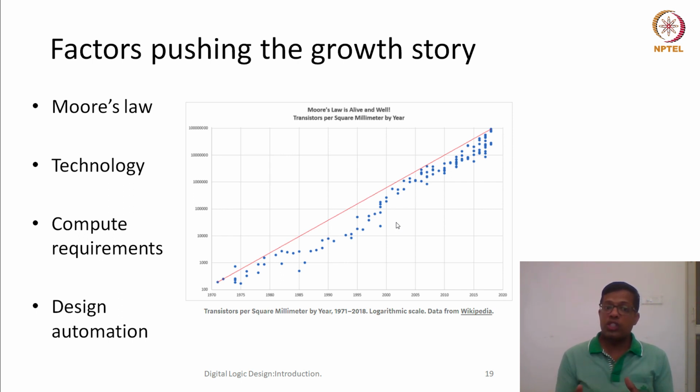we always require new smartphones with new, more features, and technology is improving itself, and now we have techniques, which we'll partially study during this course, to automate: given a specification, can we design our digital system automatically. Because these techniques are there, we can scale up and design ever more complex chips.